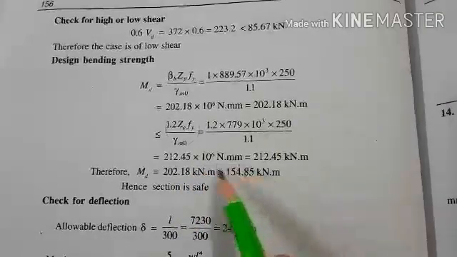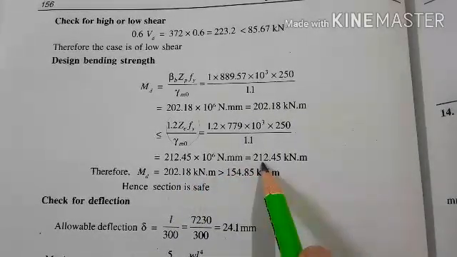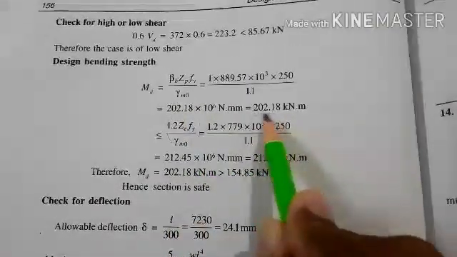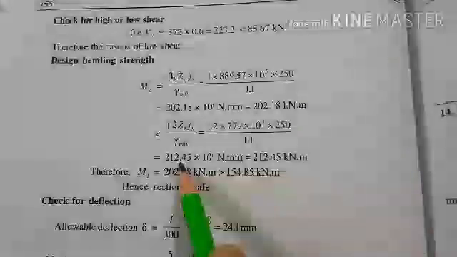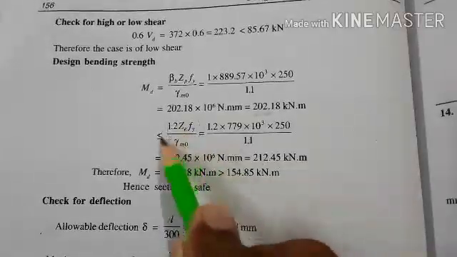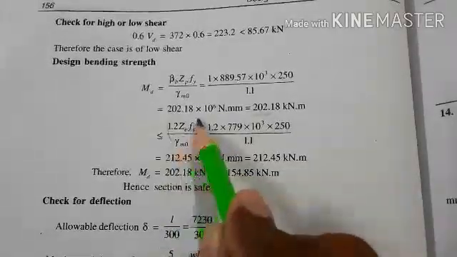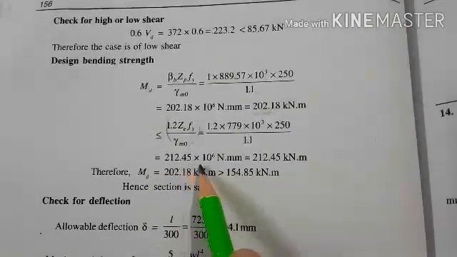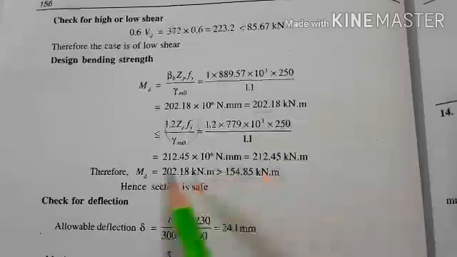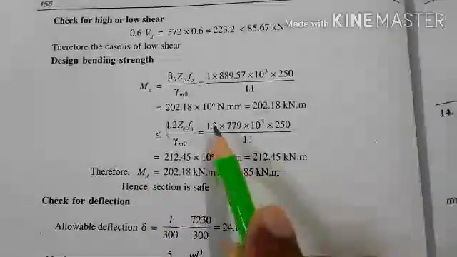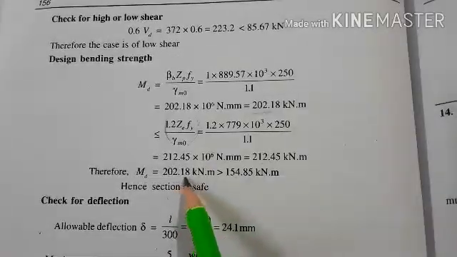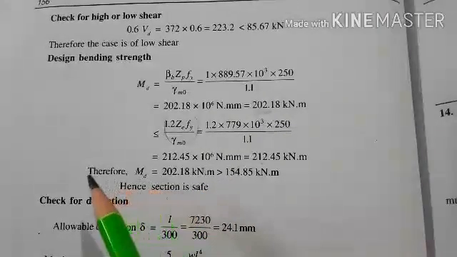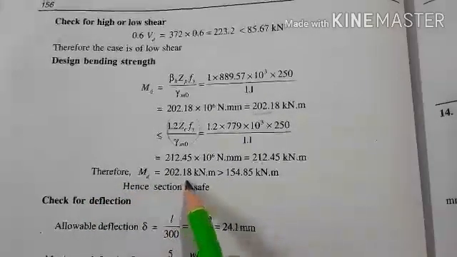Here we are getting MD as 202 kilonewton meter, but the limit given by this one is 212.45 kilonewton meter. Hence MD is to be taken as the least of these two, that is 202.18 kilonewton meter, which will be the design strength of the chosen section.